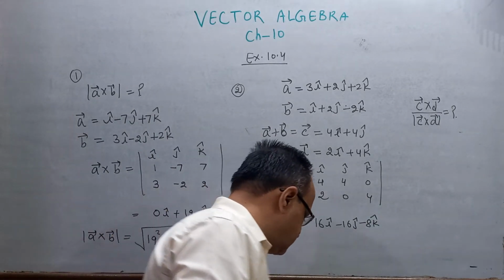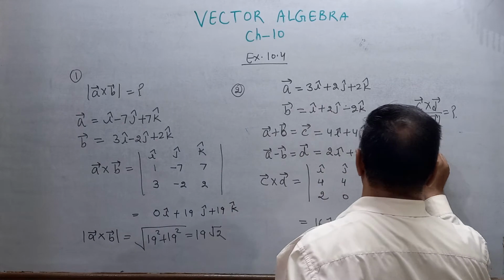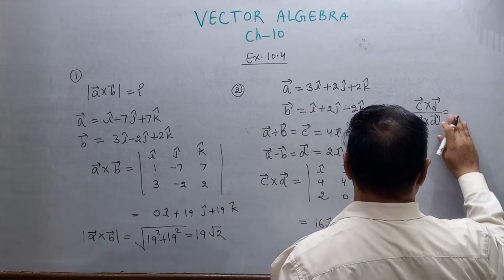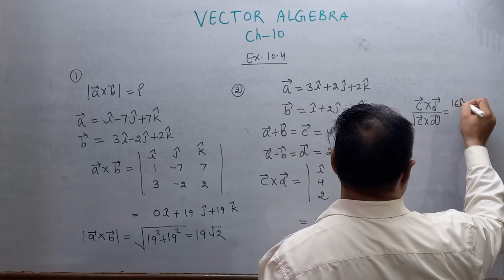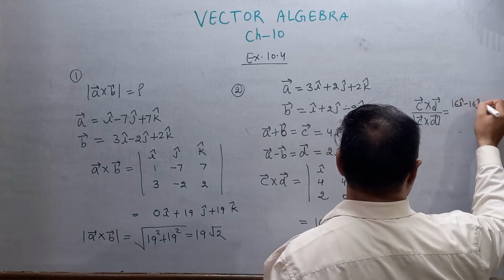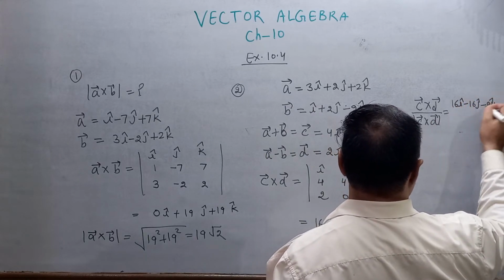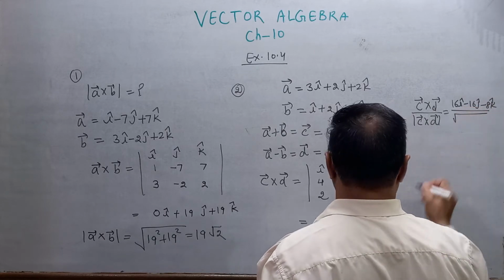Now can you find this? Therefore 16 I cap minus 16 J cap minus 8 K cap divided by their magnitude.